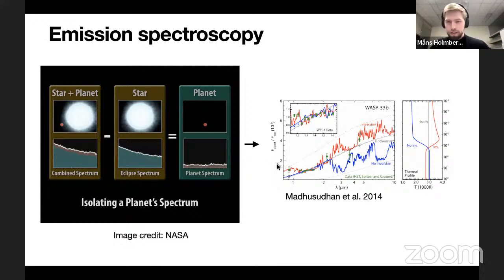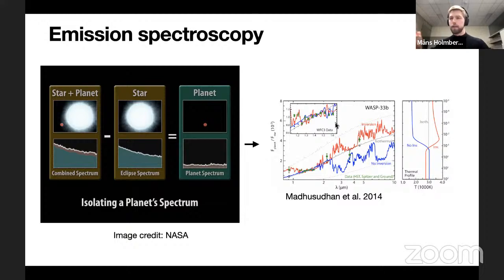So again, sorry for this technical plot, but on the right here, you see such a spectrum taken also with the Hubble Space Telescope of a very hot Jupiter. It's called WASP-33b. And when we're naming planets, we call them B because A would be the star itself. And what is interesting when we look at this, basically the temperature of the planet, is that we can learn something about the temperature structure of the planet.